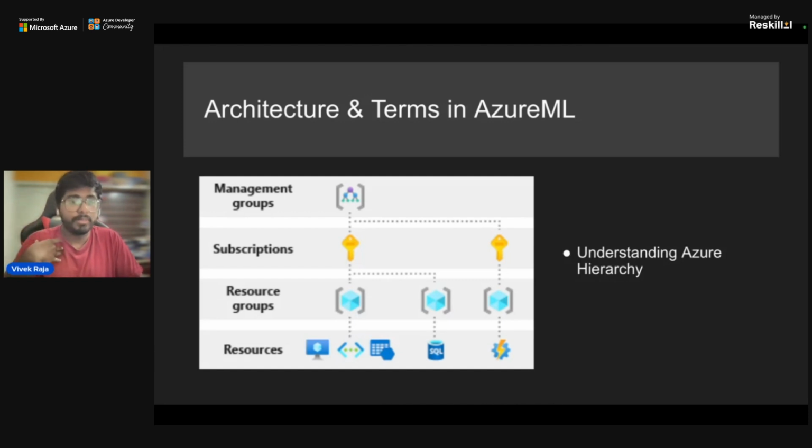I'm using pay-as-you-go, so every time I use a service, I get billed for it. You can logically separate services and workloads inside a subscription, and you could group these services into a group called a resource group. You can associate multiple resource groups within a subscription.